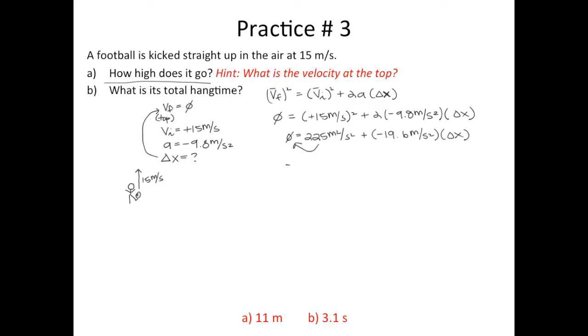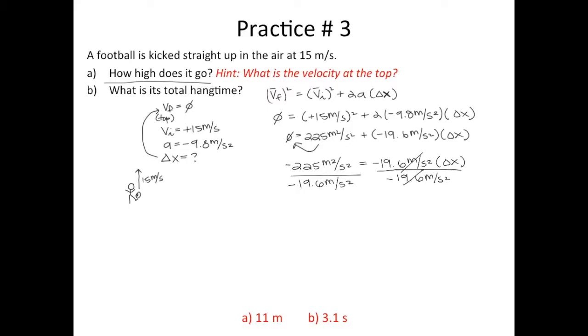To do that, I will subtract it, so it'll be negative 225 meters squared per second squared equals negative 19.6 meters per second squared times delta x. And in order to isolate delta x, I'm going to divide both sides by 19.6 meters per second squared. Make sure I divide the negative.